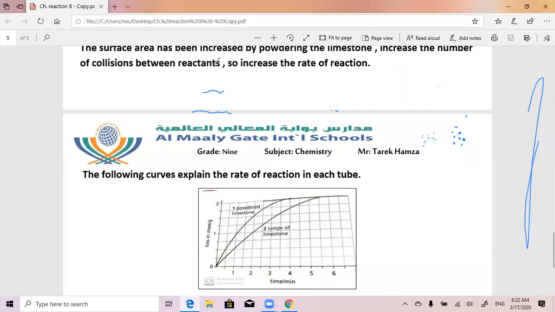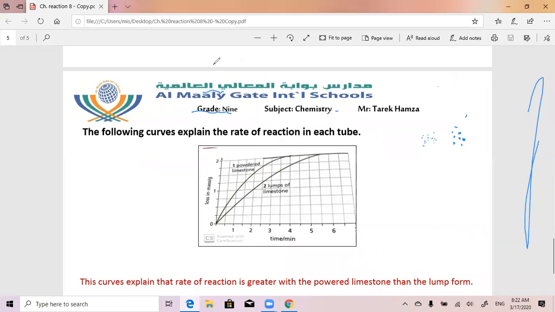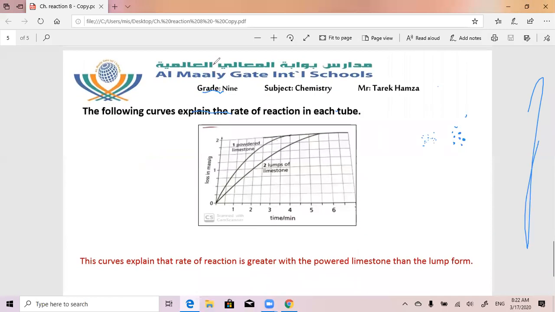Now we can make curves to explain the rate of this reaction in each test tube. Look at these curves. The first curve here is for powdered calcium carbonate.